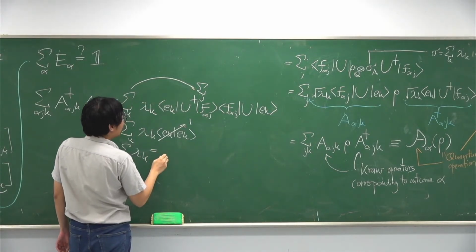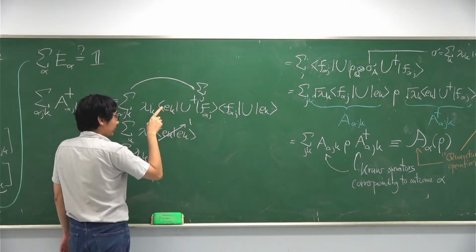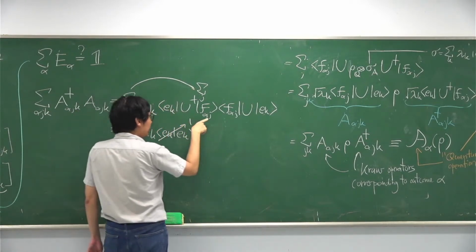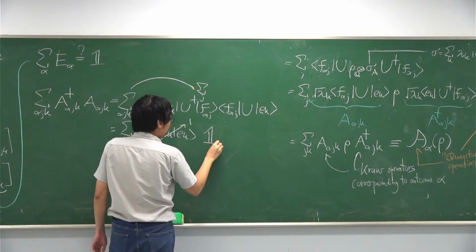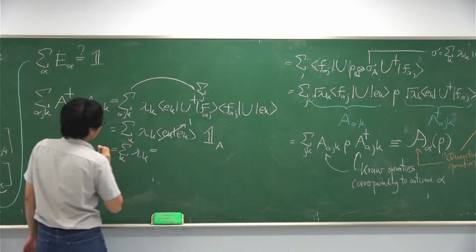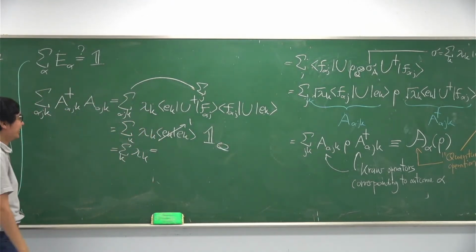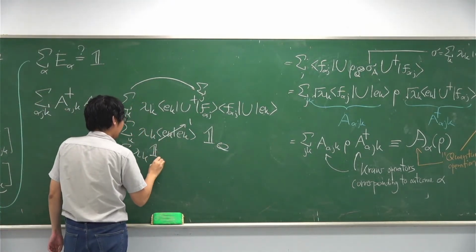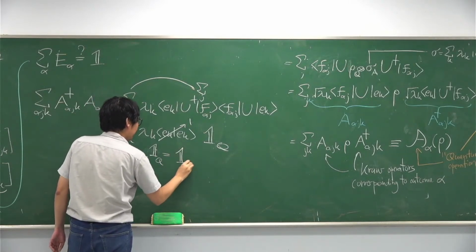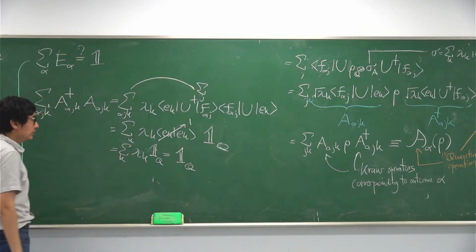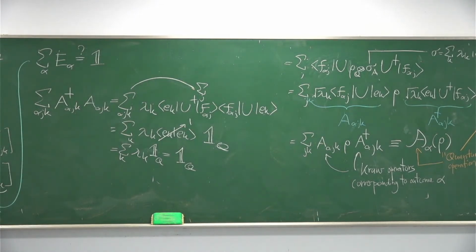Now the operator disappears, except that what I have left would be an identity on the system Q, not A. So these E alpha should define the POVM elements.